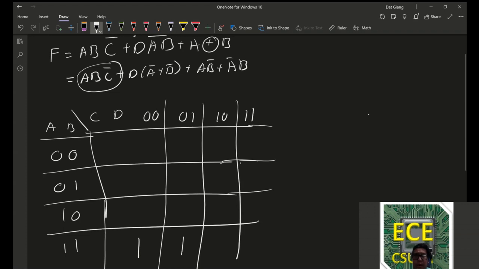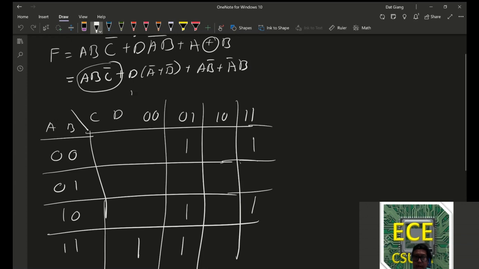Now, what about this one? We have D, A bar, and B bar. So wherever D is 1 and A is not true, then we're able to find it. This one would be true, this one would be true, and similarly this one and this one would be true because of this.